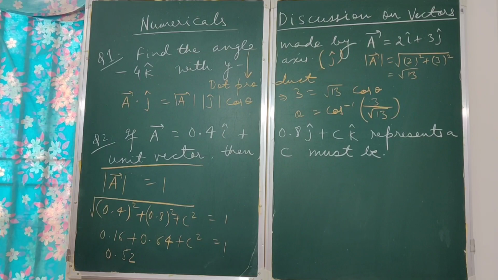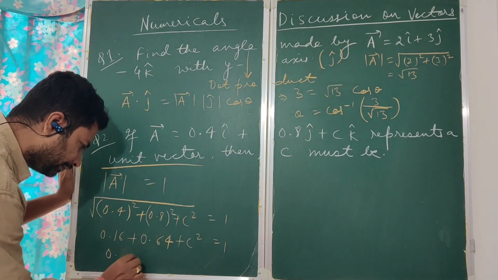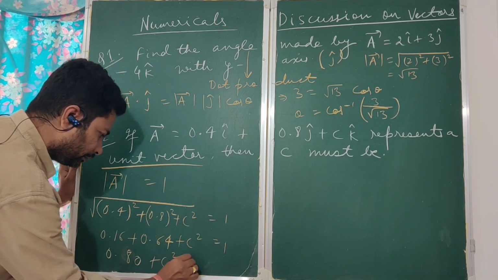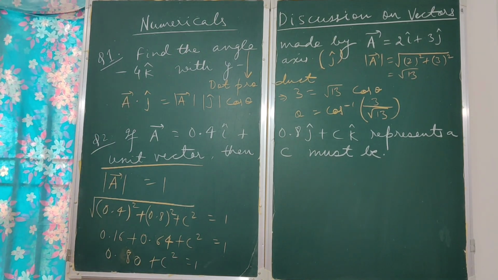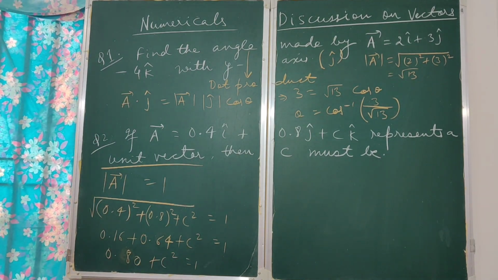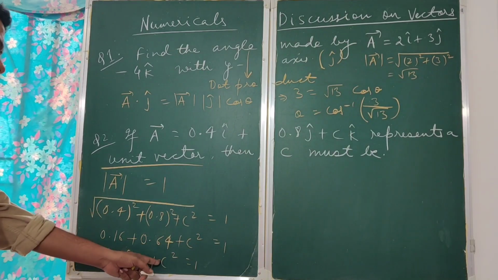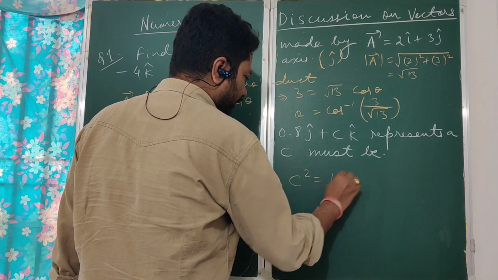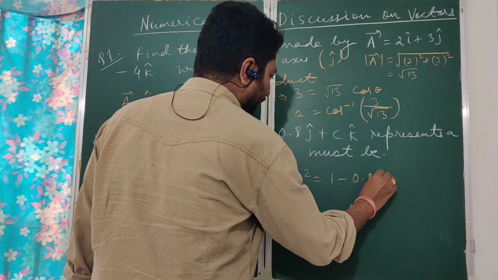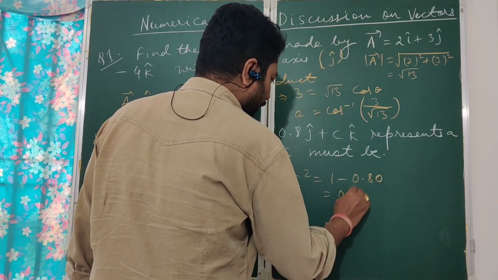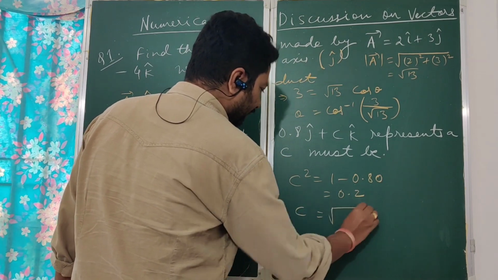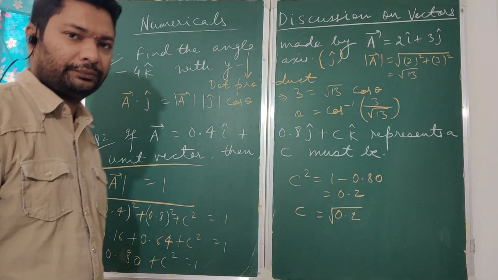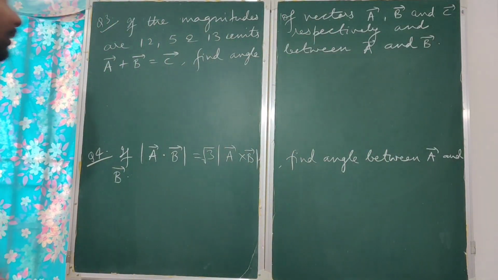So now what is c square? We can write c square as 1 minus 0.8. How much is this? 0.2. So what is c? It will be root of 0.2.